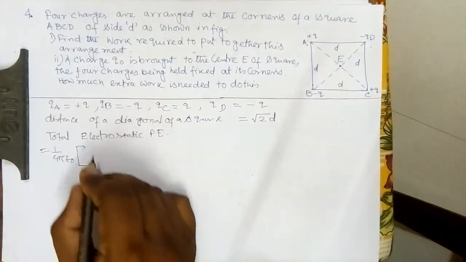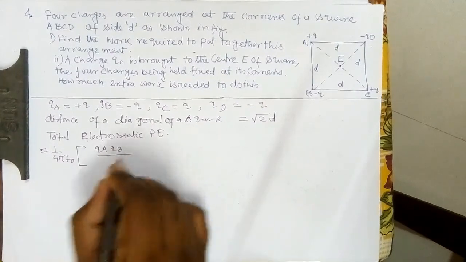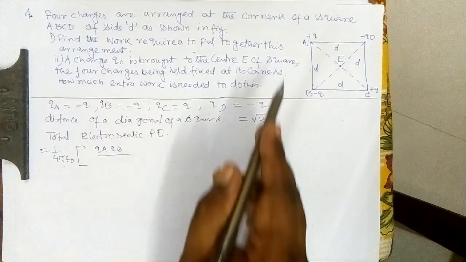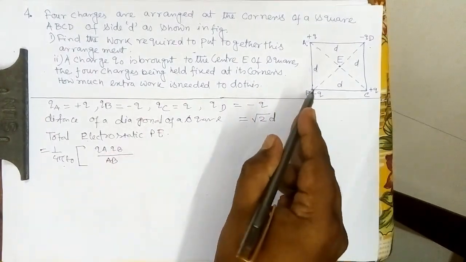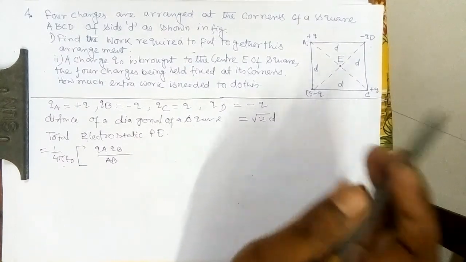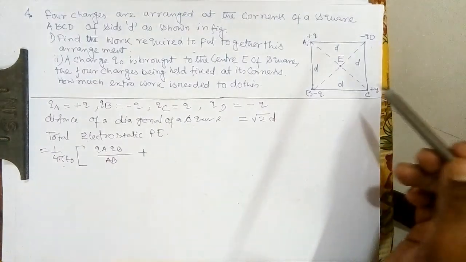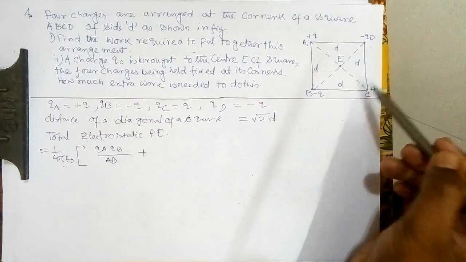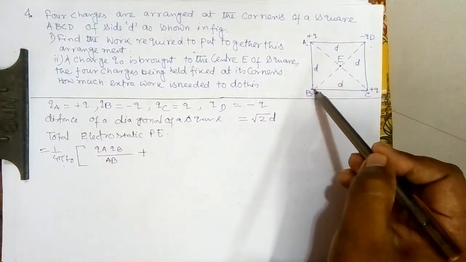Next, whenever I take the charge QB, it must do some work against QA. So how much work is there? That is QA into QB by 4 pi epsilon naught, which I have already taken common, with the distance between them being AB. That is the first work done. So the charge at point B is taken. Now I take the charge C. When charge C comes, it will do work against the charge QA and against the charge QB.